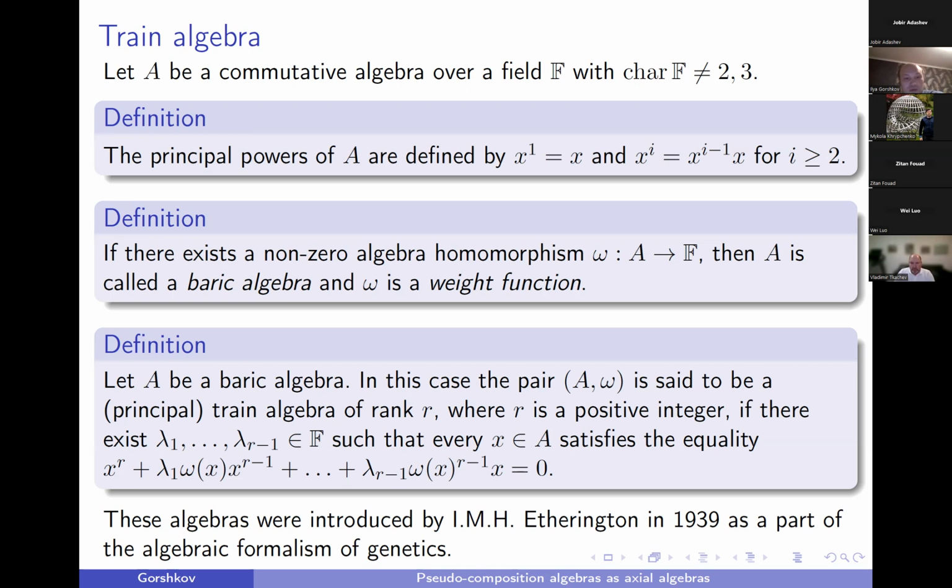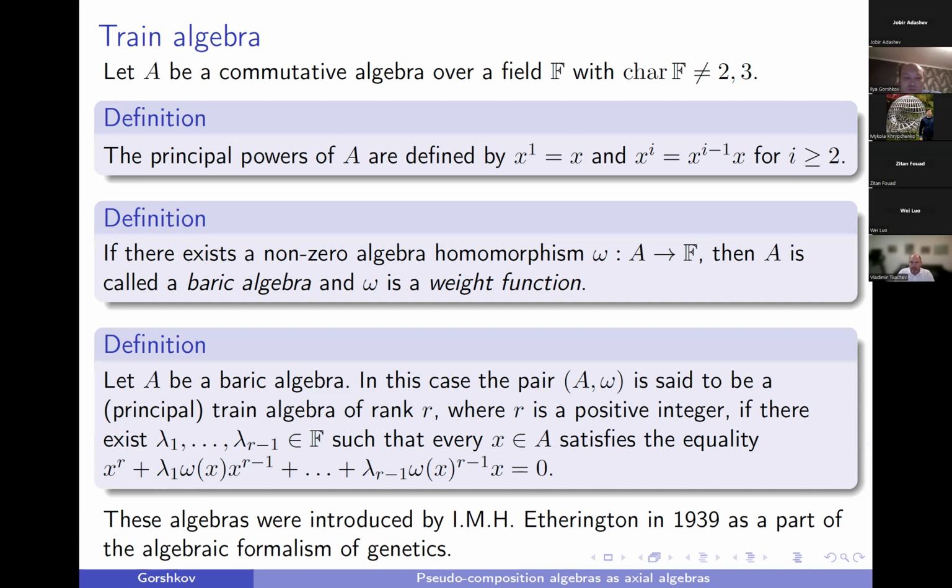And we say that the pair (A, omega) is a train algebra of rank r if it is a baric algebra and there exist elements of our field lambda 1 through lambda r minus 1 such that for each x of A we have this equation.